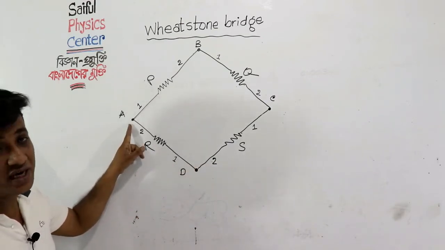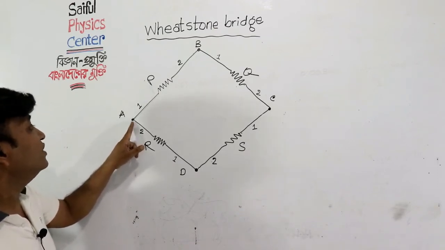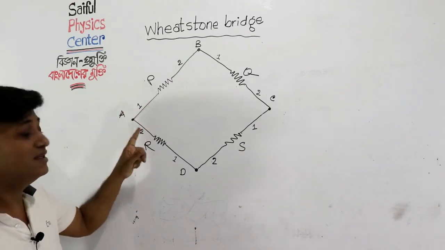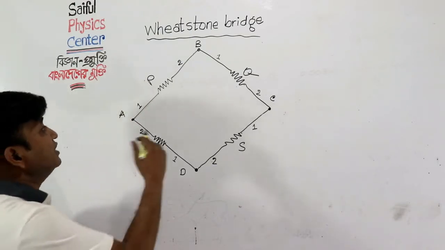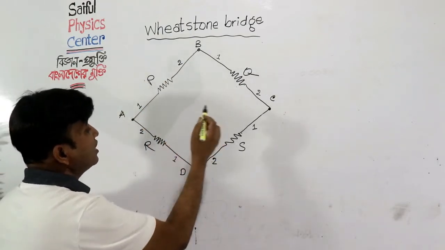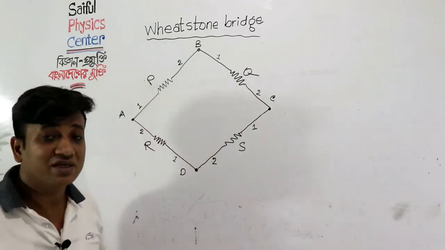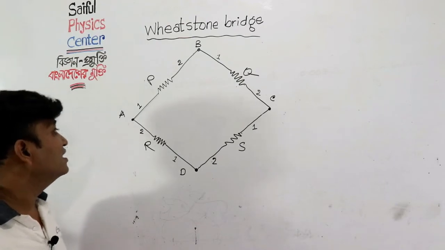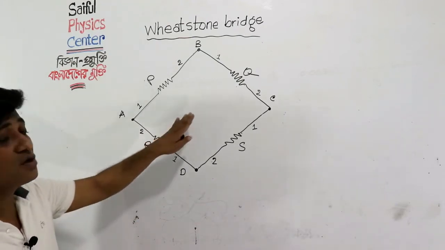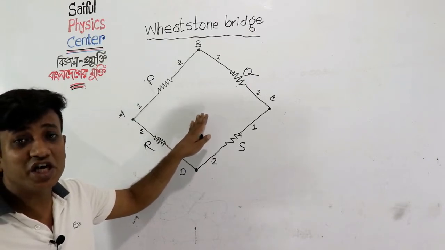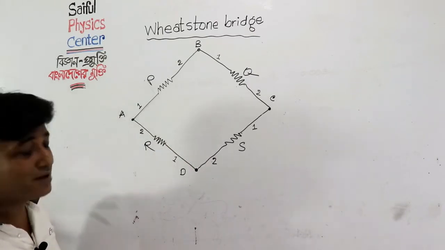Again, at point A, the second leg of R is connected with the first leg of P. That's why R and P are in series. So we can say P, Q, R, S, all 4 resistors are connected in series. It is also called a diamond-shaped closed circuit because it looks like a diamond.